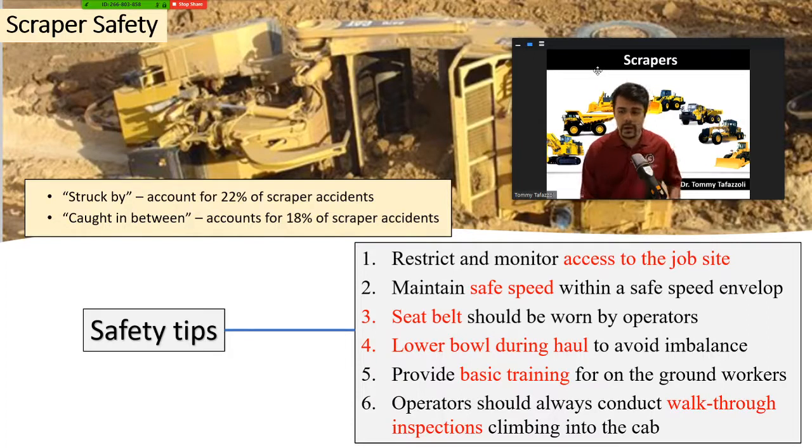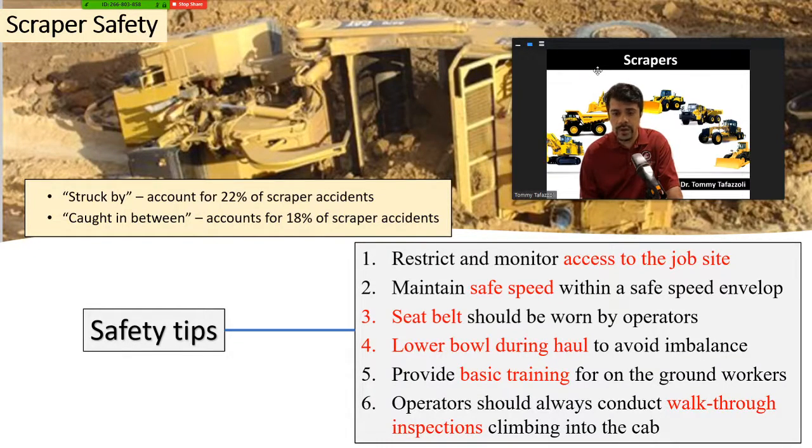Sometimes the operator is tempted to remove it, because the machine moves very slowly, so you might think to yourself, why am I wearing this? But that is important, and you should have it worn at all times.